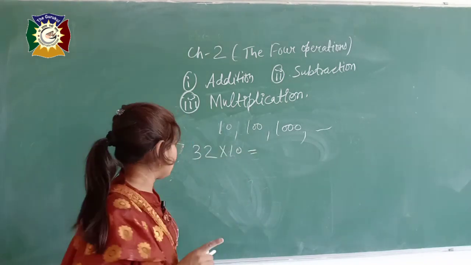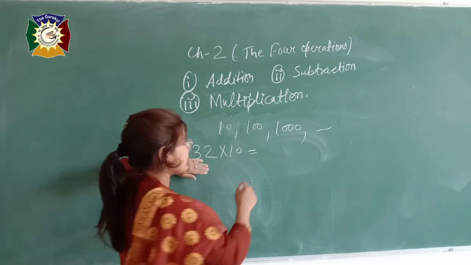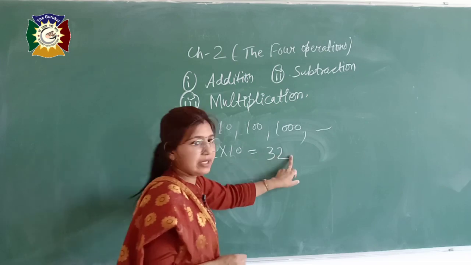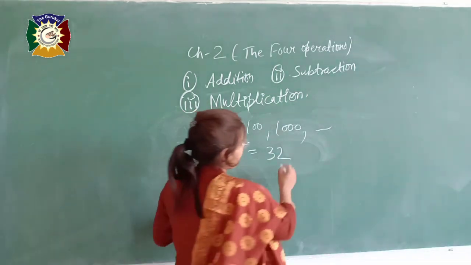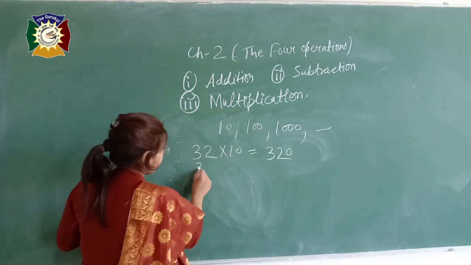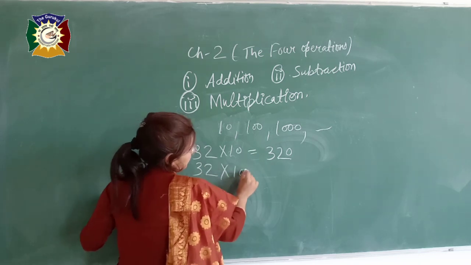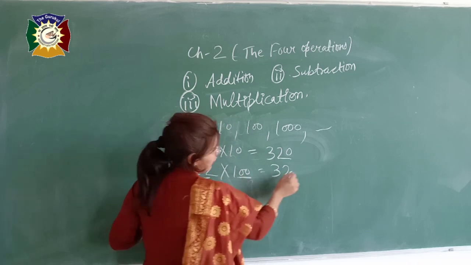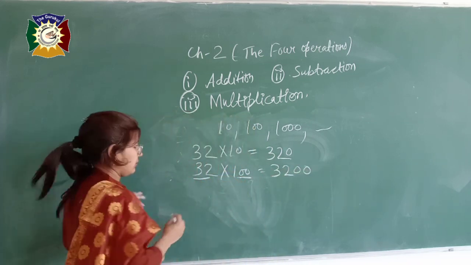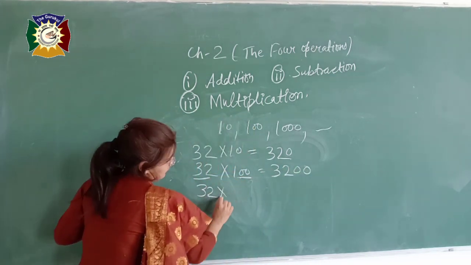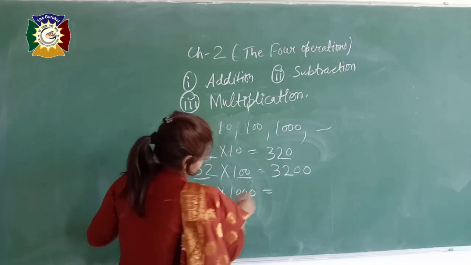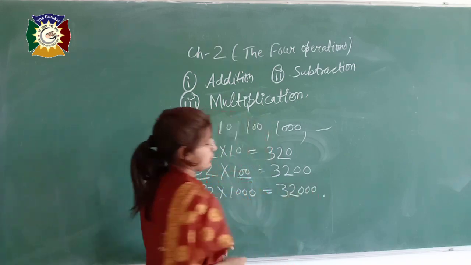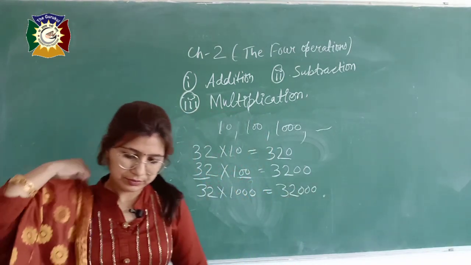I have to write this number as it is, 32, and put the zeros here. Like here it has 1 zero, I have to put 1 zero here. Similarly, if I multiply 32 with 100, I get 32 as it is and 2 zeros like this. It is easy. You can solve it. 32 into 3 zeros. Got it, boys?